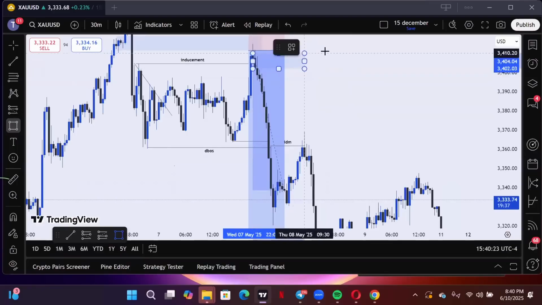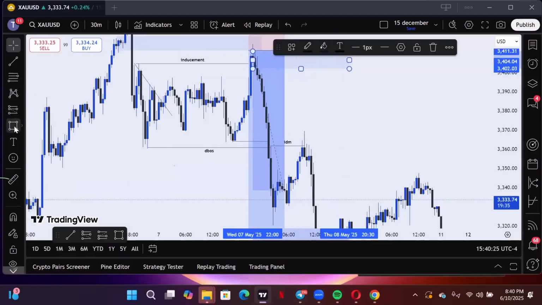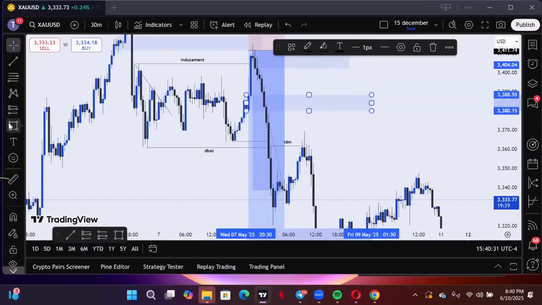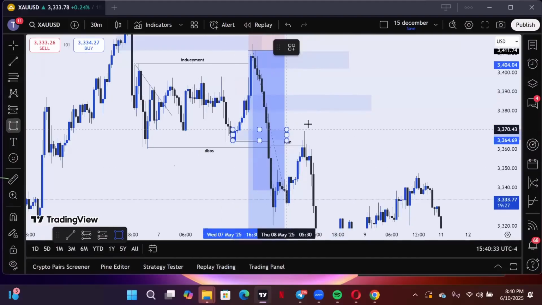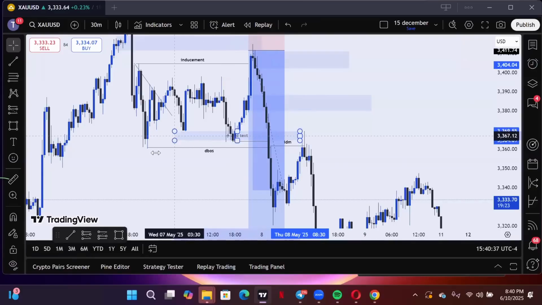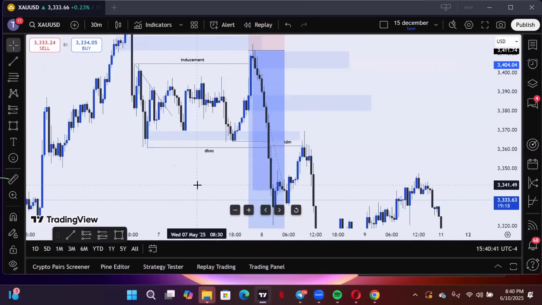But the one to pick actually is the one that follows all these rules correctly. So now we have this, and we also have this breaker block here. In fact, we also have a breaker block here, but this breaker and this one are actually on the same line here. Basically, they're the same. So now we have three possible POIs that we can use. Are you guys following me?